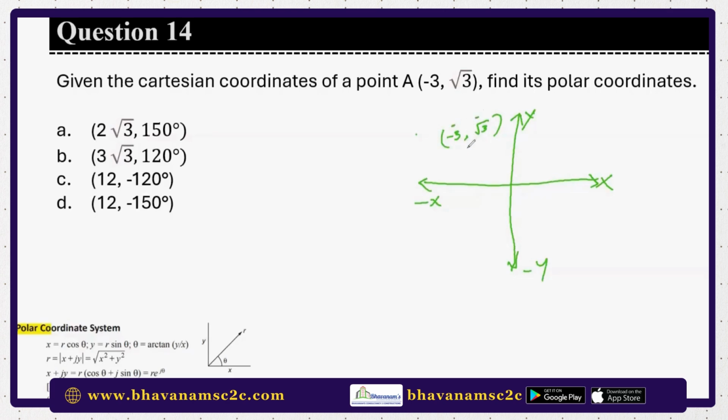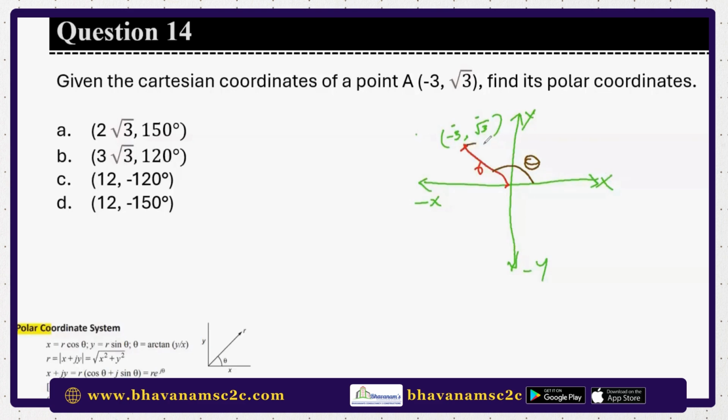Now, the value of r is the distance from the point to the origin. And the value of theta is with respect to the positive x-axis. Kindly remember, the value of theta within polar coordinates is measured from the positive x-axis.